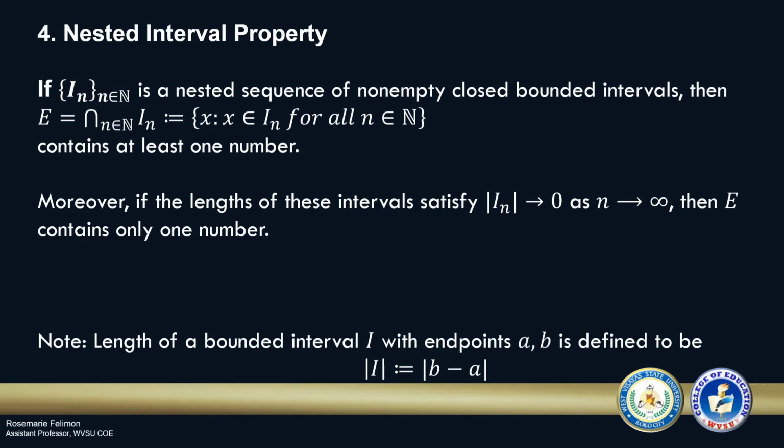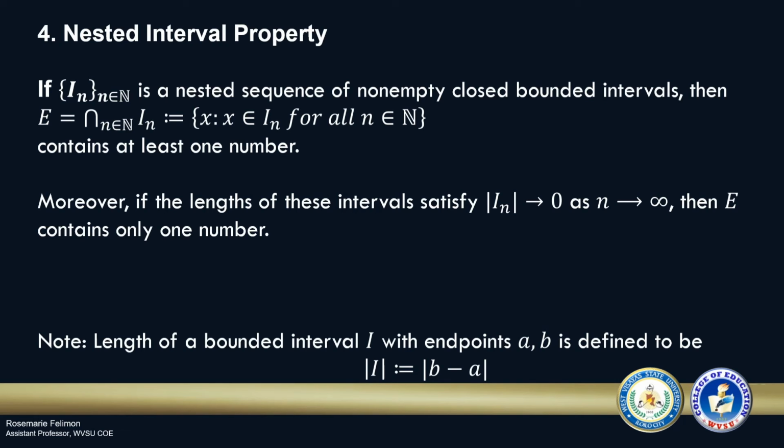Let us go back to the second statement, which states, moreover, if the lengths of these intervals satisfy that the length of I sub n approaches 0 as n approaches infinity, then E contains only one number, as shown in this statement, as the sets in the nested sequence are getting smaller and smaller.